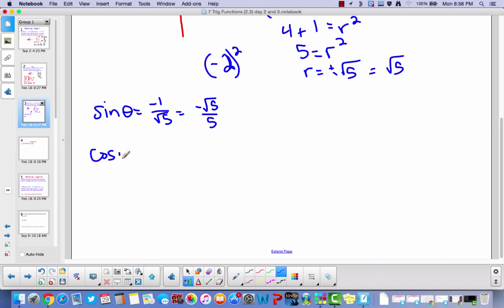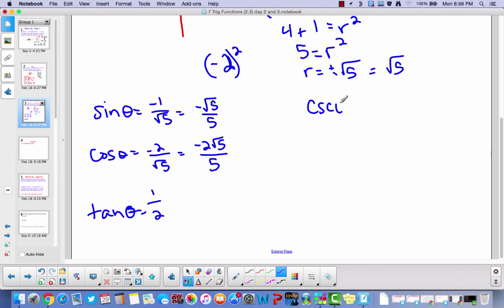Cosine of theta is x over r, which was -2 over the square root of 5. If we rationalize that, we get -2 square roots of 5 over 5. Tangent of theta we were given. That was 1/2.